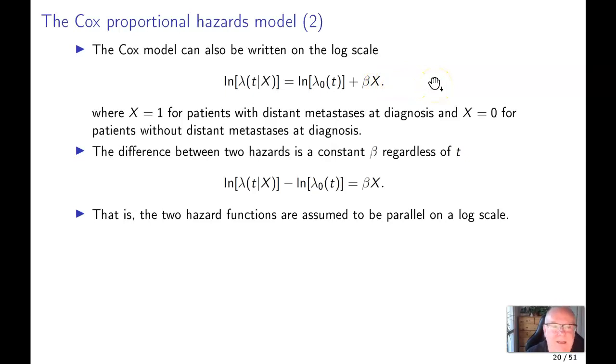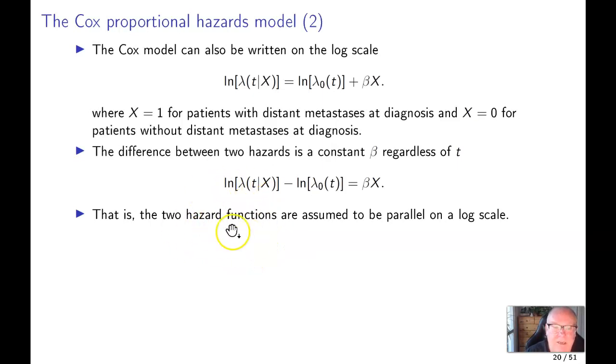So it turns out that the difference between the two log hazards is a constant beta, irrespective of t. So the two hazard functions are assumed to be parallel on the log scale or proportional on the original scale.